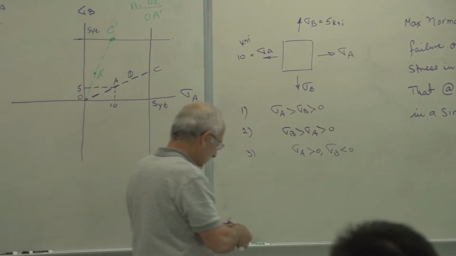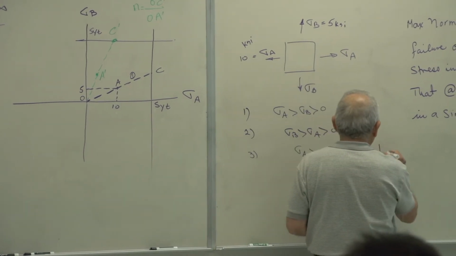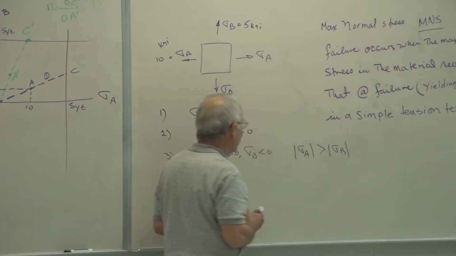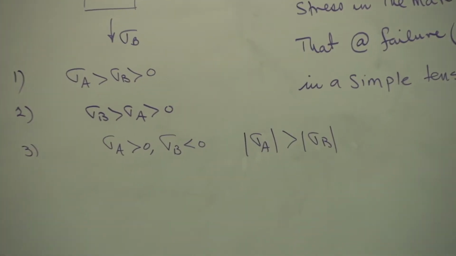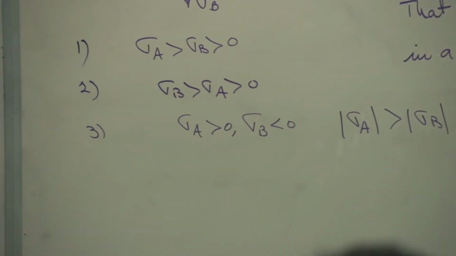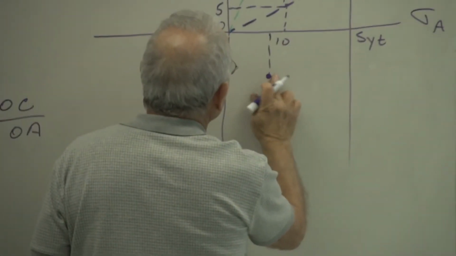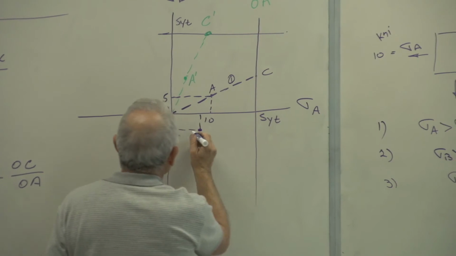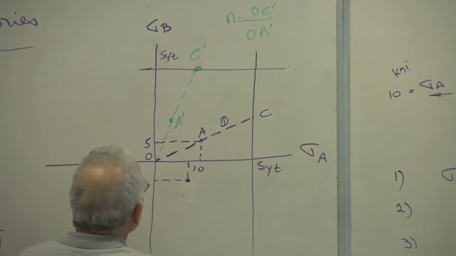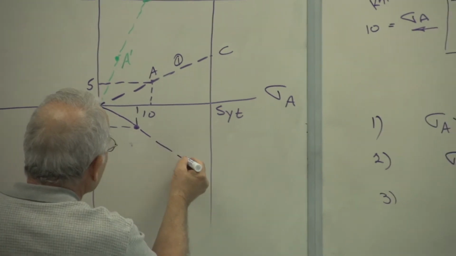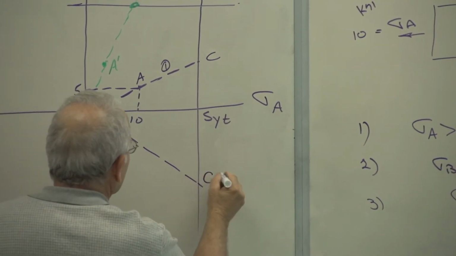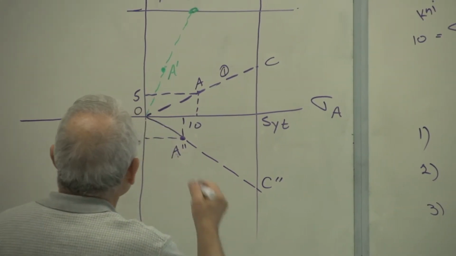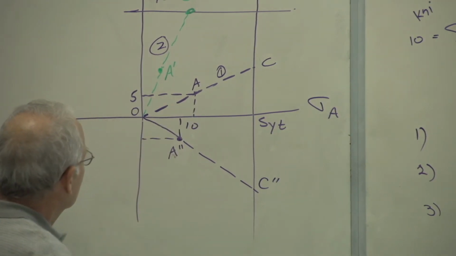In this case, let us assume the magnitude of sigma A is greater than the magnitude of sigma B. Then my point plots somewhere in here. This is case 3. My load line is that. This is called the load line. This was case 2. This is case 3.